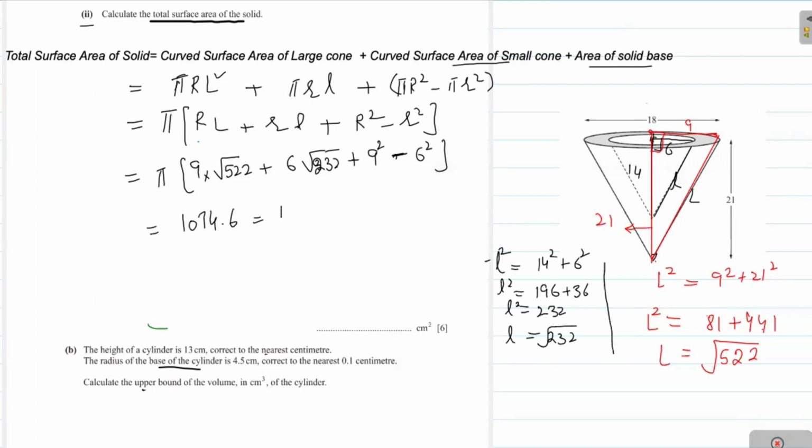We write this 1075 cubic centimeter is the answer.